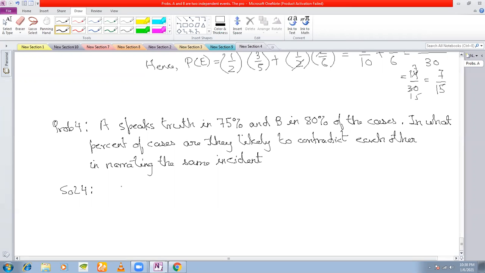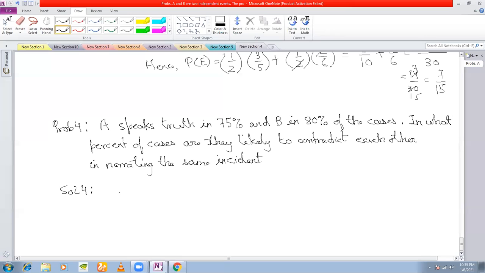If I say at least one, Govinda speaks the truth, that means Govinda and Amir can also both speak the truth, right? But if both speak the truth, then you will not contradict each other. In order to contradict each other, exactly one of them has to speak the truth, and the other has to lie, right? So this is problem type 2, where exactly one of them is lying.